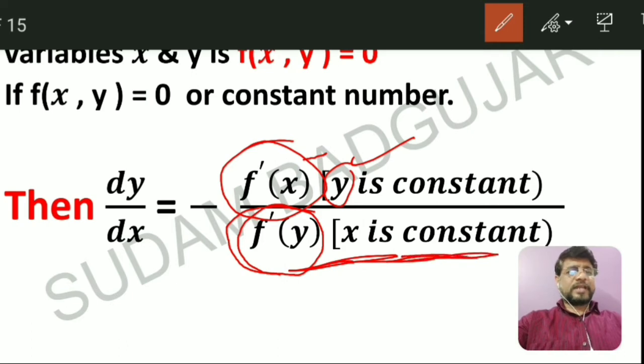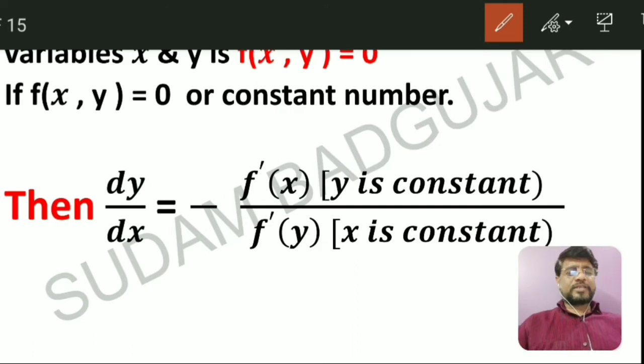So the final answer is dy/dx = minus f'(x), y as a constant, divided by f'(y), x as a constant.